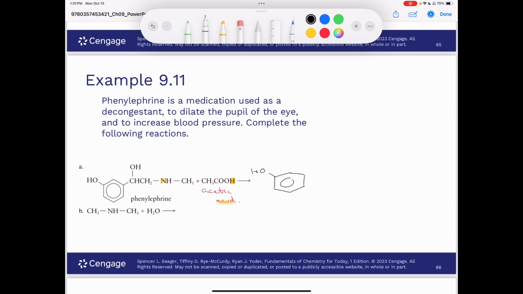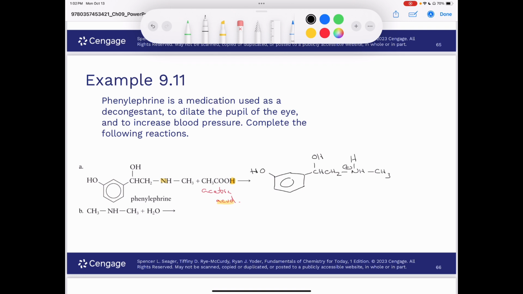So we're going to redraw our aromatic ring. There's our hydroxyl group. Then we've got our CH and our OH here, another CH2 group. Now our nitrogen is going to have an extra hydrogen, and because of this extra hydrogen, it's going to have a positive charge.